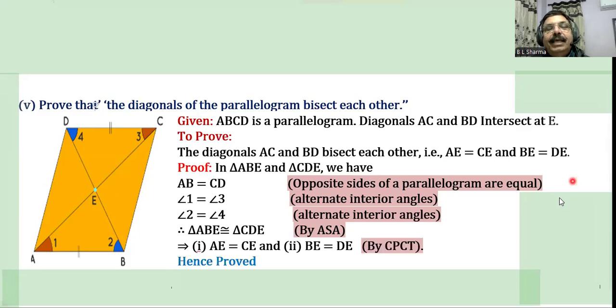Hence proved. That's all for this property. The diagonals of the parallelogram bisect each other.